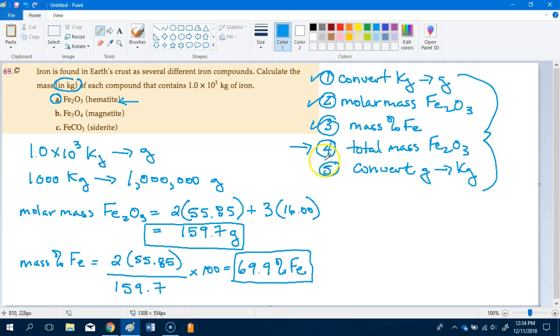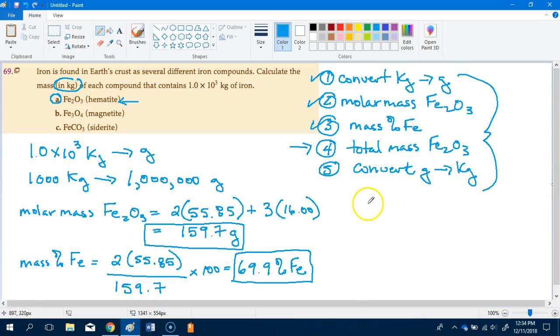So now we're on to this step 4. How do we find the total mass? Now that we know the mass percent of iron in the hematite, how can we use that to find the total mass of the hematite put together? Sometimes I like to write things into English and then convert them to math. So basically what we have is that we know that 69.9% of hematite is going to equal the mass of our iron.